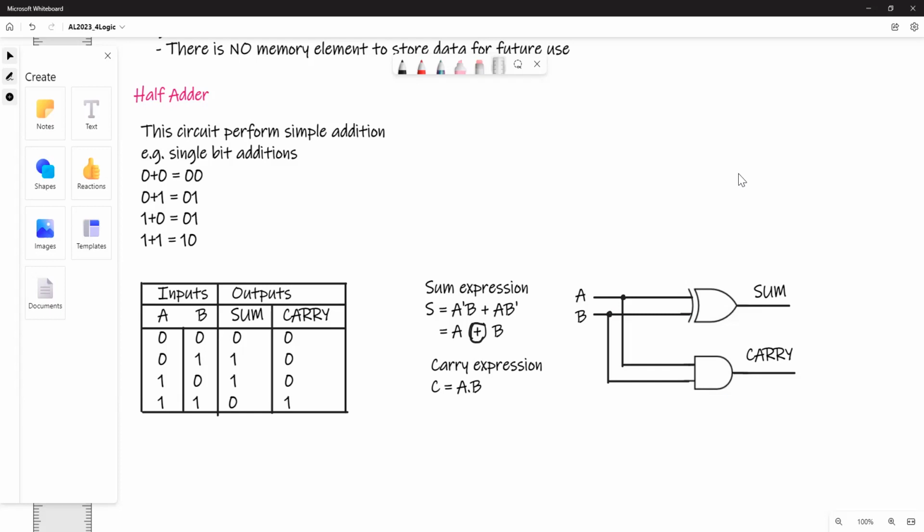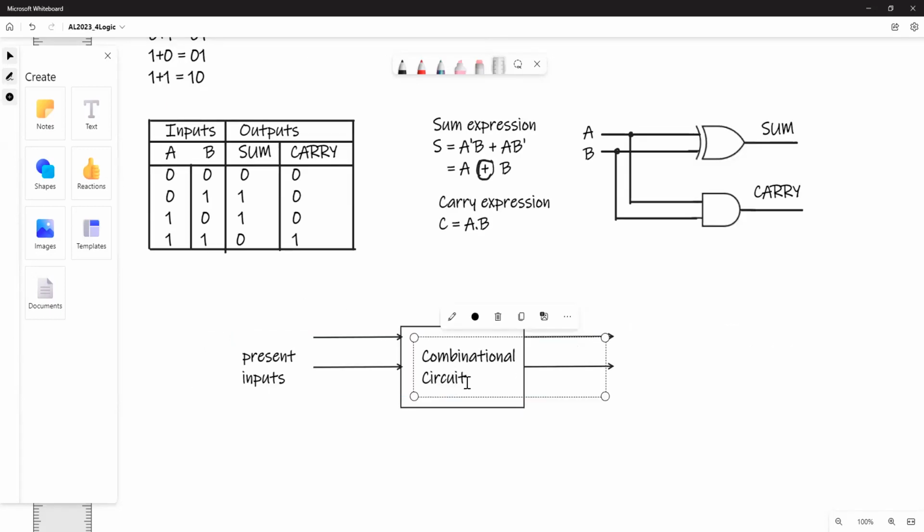So if I compare what we have done earlier, this is a combinational circuit, but what we have is a half adder.